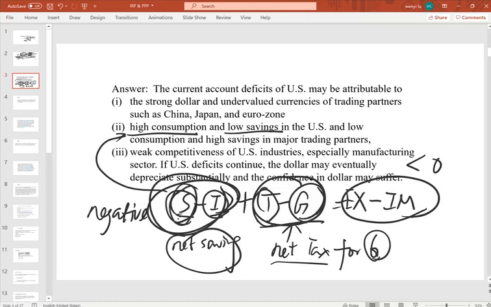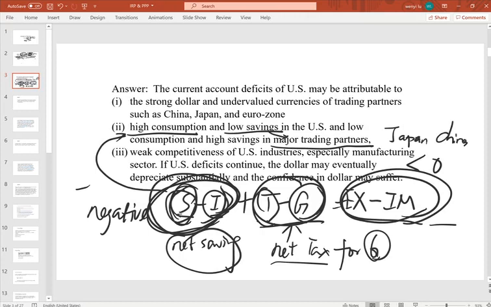If we have low savings, this term becomes minus, so this part is also minus: a trade deficit. And we have relatively high consumption and low savings compared with our trading partners, like Japan and China.